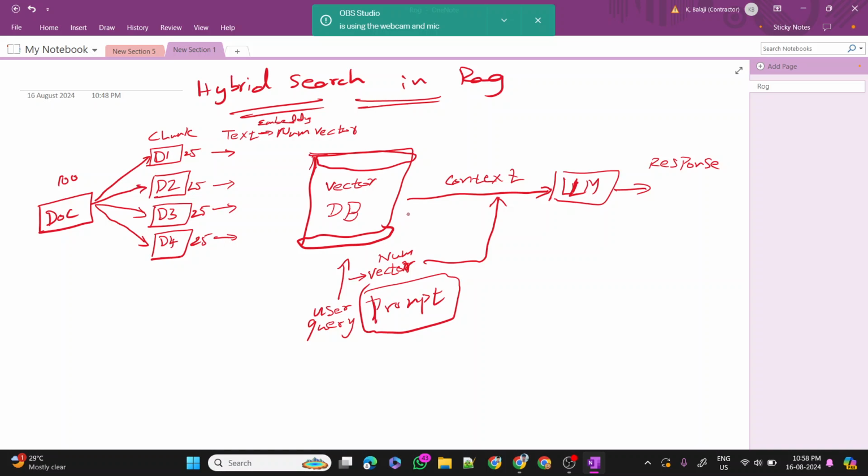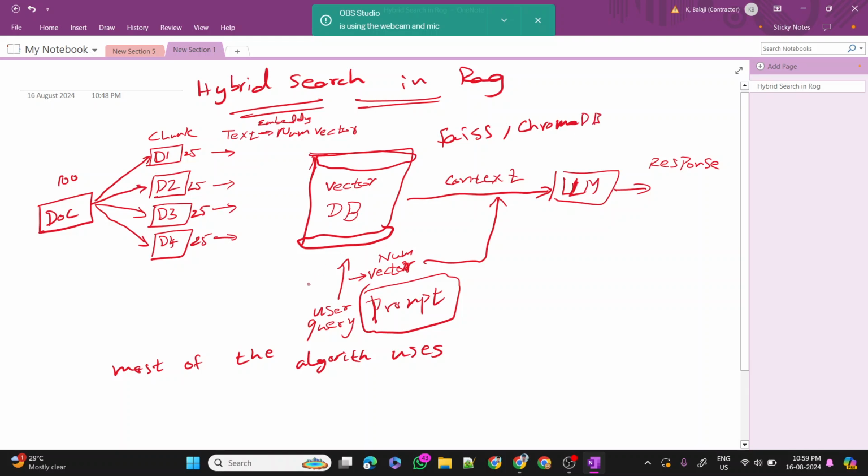Most algorithms use vector dense search. Most of them, like FAISS and ChromaDB.